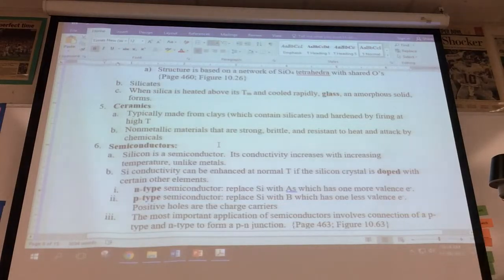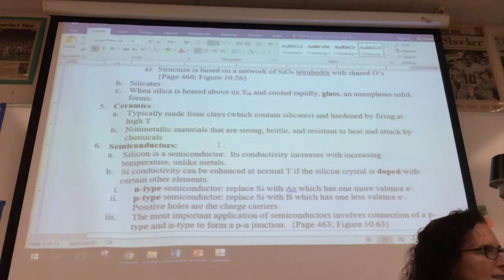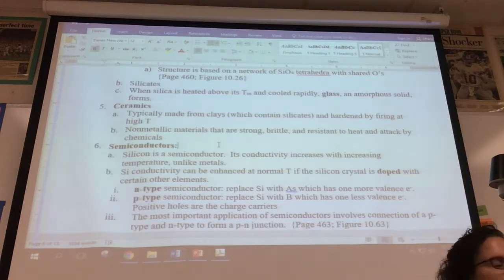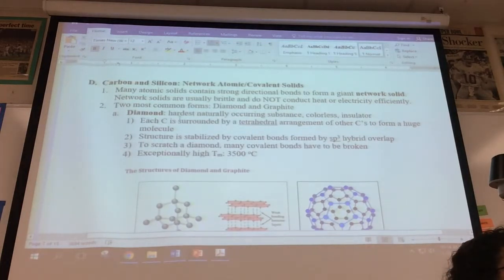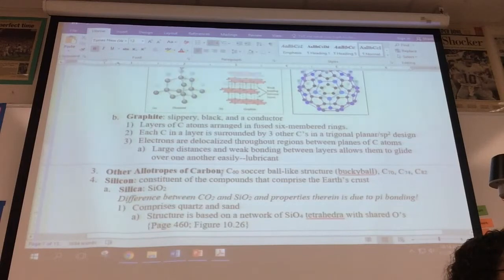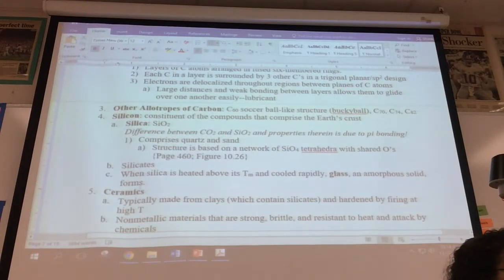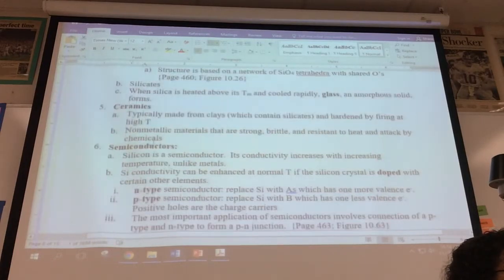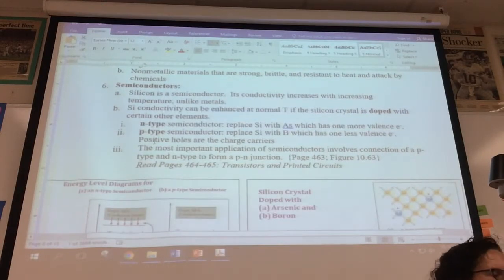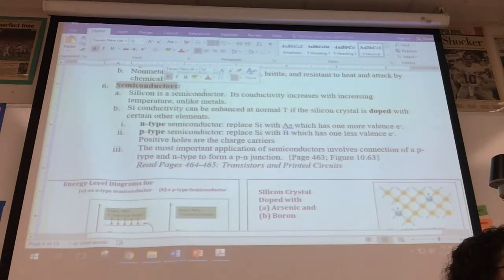Great stories. All right. So network covalent solids you want to be familiar with, and this is really getting to be a laundry list, and you'll see at the end I've got a table for you that I think will really help you. So diamond, graphite, buckyball, silica, quartz is the one that they typically ask about, all examples of network covalent solids. The other piece in this section I want to mention, and this often is a multiple choice question, are your semiconductors.